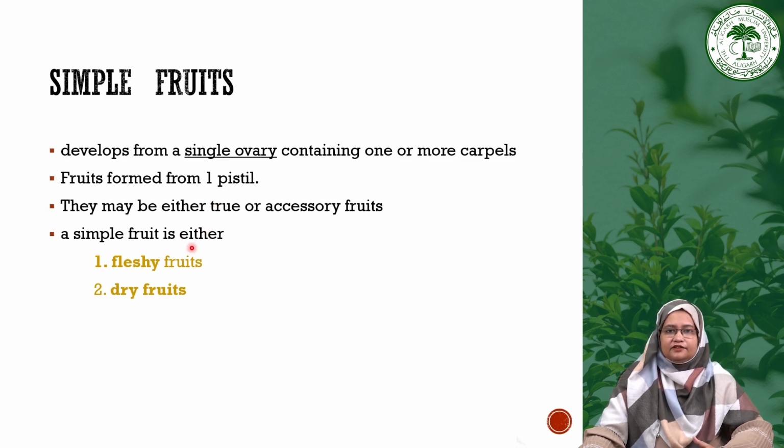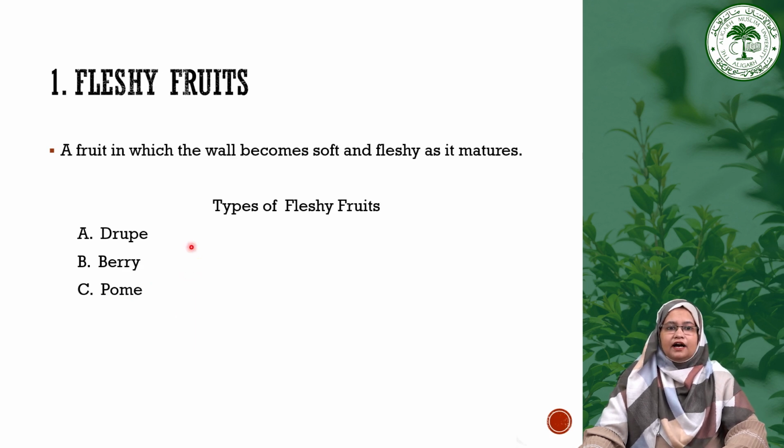Simple fruits are further categorized into two categories, the fleshy fruits and dry fruits. As the name indicates, fleshy fruits are soft and fleshy as they mature, that means they have a very soft texture after maturity. These fleshy fruits are further categorized into three types, that is the drupe, berry and pome.